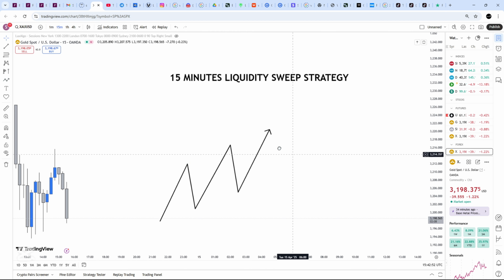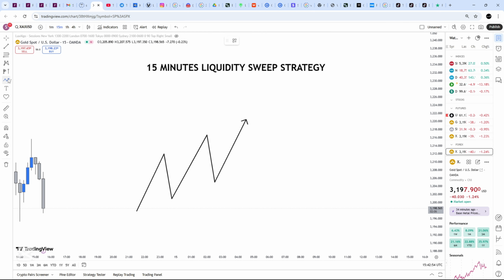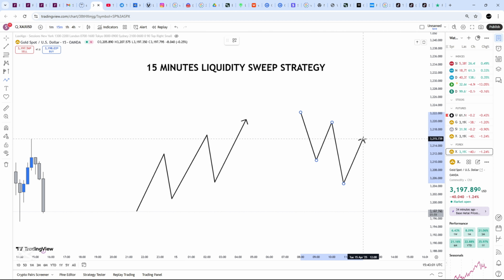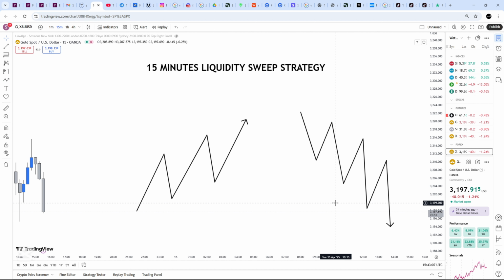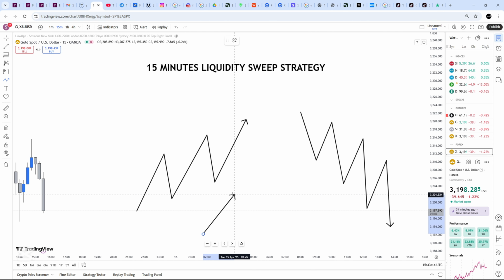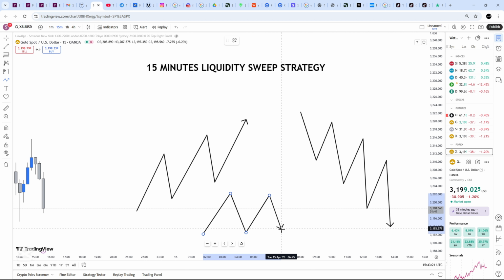And then how about if the market is doing this? Going down, retesting, breaking lower lows, retesting, breaking lower lows, retesting, breaking lower lows. This is a downtrend, right? So we very well know that we have those two types, and then this type of market, how the market reacts with this, we call it a consolidating market.